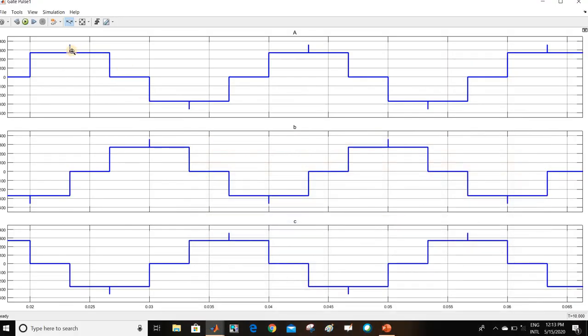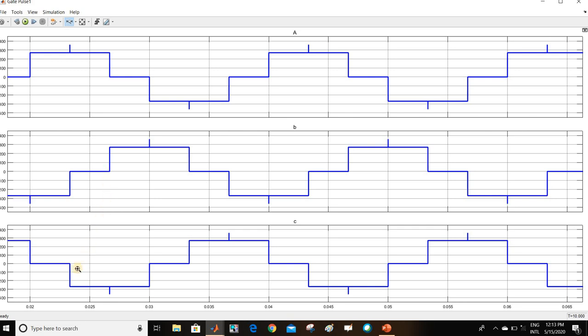So now if we consider 60 to 120 degree, this span, that means again VDC by 2, VAN. Again VAN will be VDC by 2. Then VBN will be 0 for 60 to 120 degree. VBN will be 0 because T3 and T6 will not conduct. So VBN will be 0.